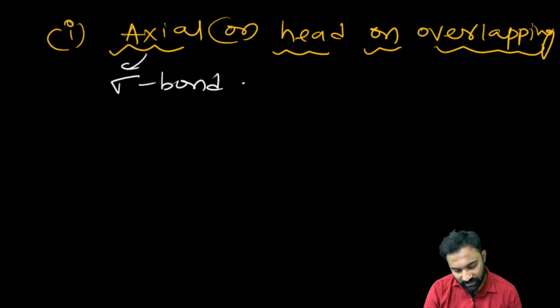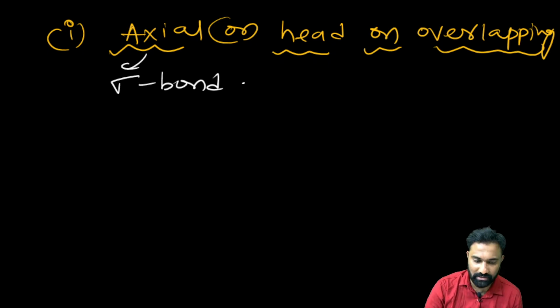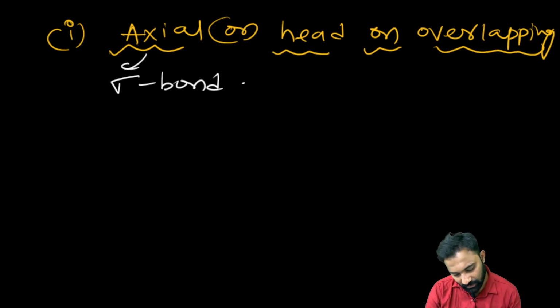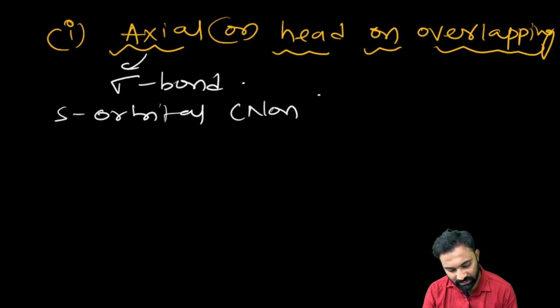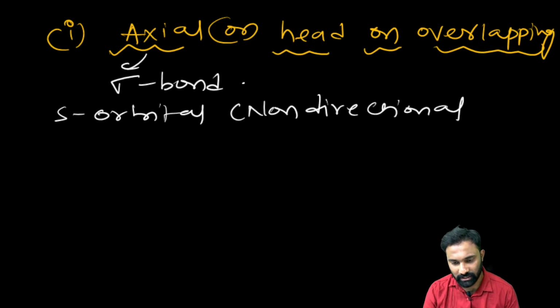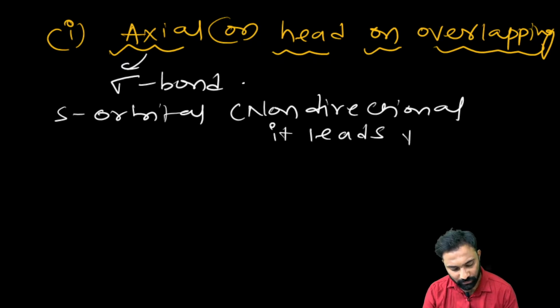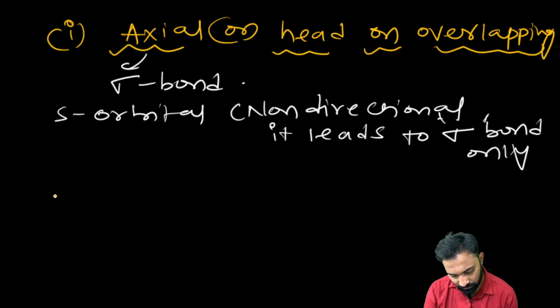Now we'll see how. First, the s orbital. The s orbital is non-directional. In all the directions we get the electrons. It leads to give sigma bond only. Blindly believe: sigma bond only.